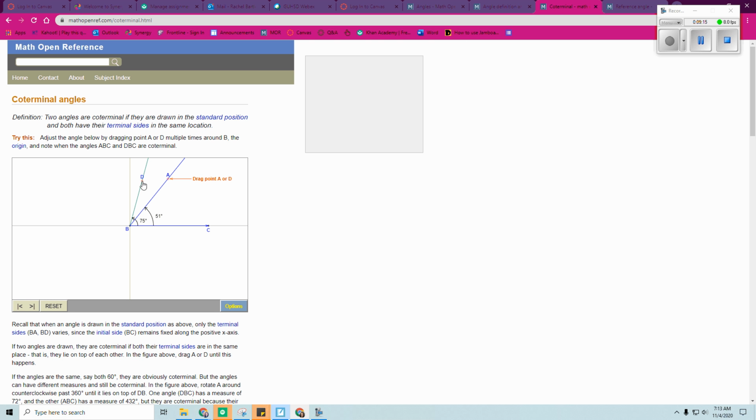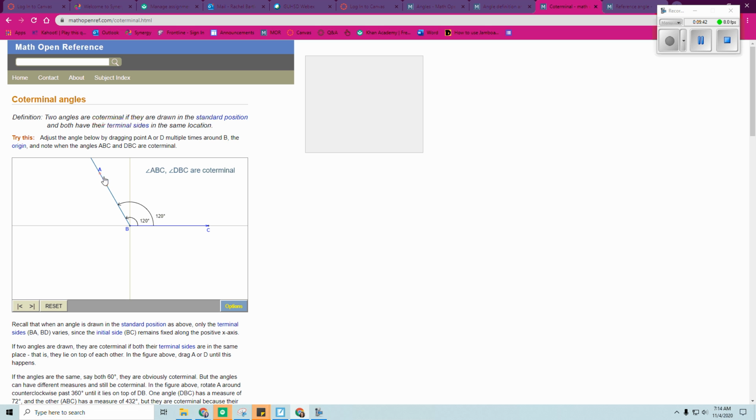All right, so here I have 2 angles, because coterminal angles are talking about 2 separate angles. If I plot this first one, let's say this blue one, I'll put this at 120 degrees. An angle that would be coterminal to this one, its terminal side should land right on top of this blue terminal side there.